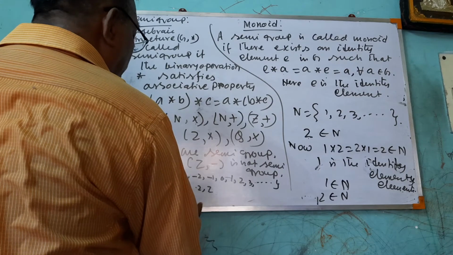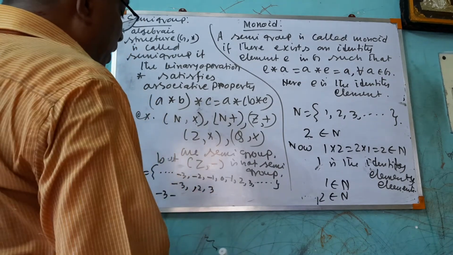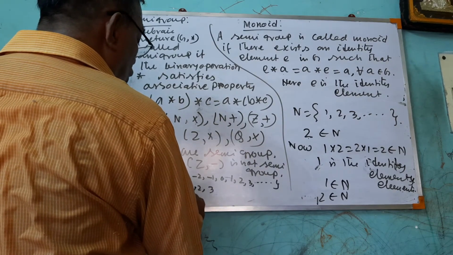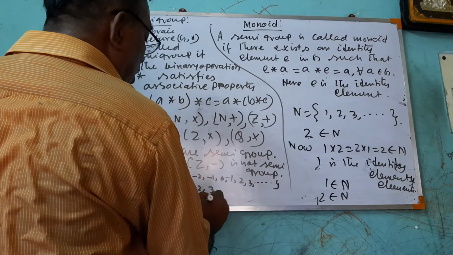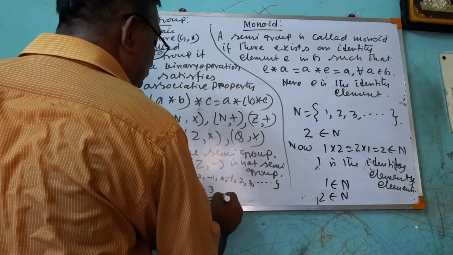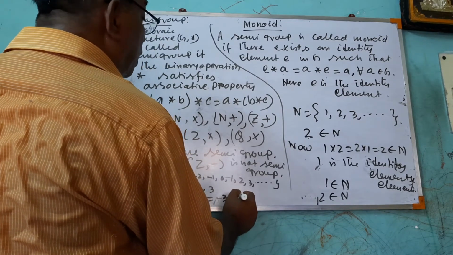Now the associative property: minus 3, minus of minus 2, here I am taking 2, and here I am taking 3. For easy calculation, minus 3, minus 2, minus 3, equal to minus 3, minus 2, minus 3.